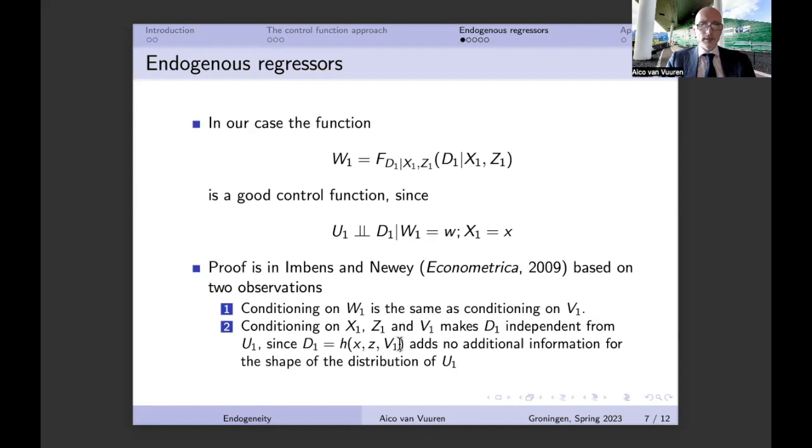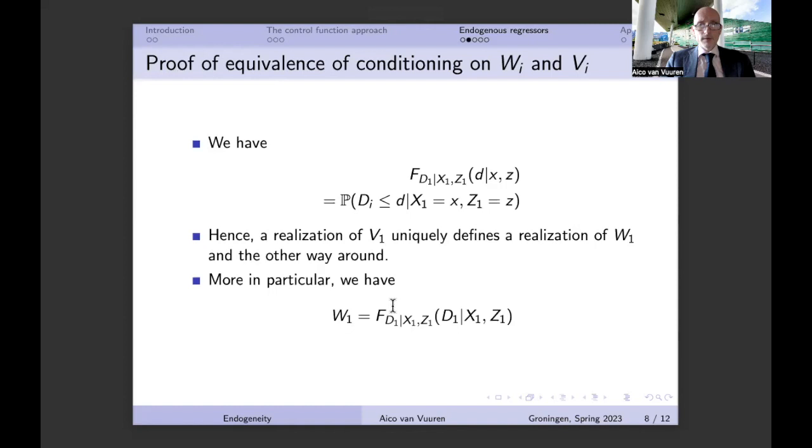But that's the thing that we still have to prove as well, but let's start with the first thing to prove, and that is that conditioning on w1 is the same as conditioning on v1. How can we do that? The first thing that I'm going to do is look at the distribution function of d1 conditional on x1 and z1.